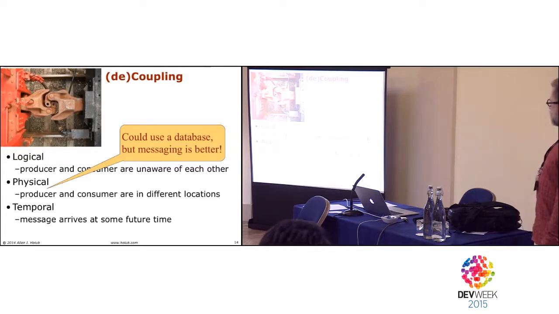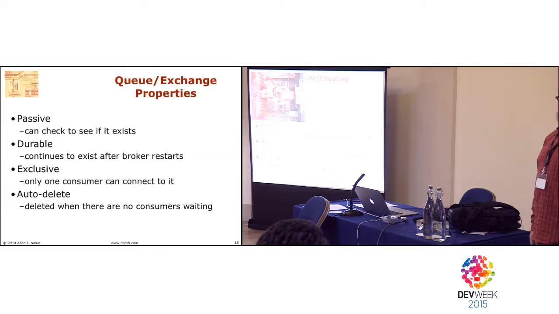Interestingly, you can also have temporal decoupling, in the sense that the message arrives at some time in the future. And sometimes you want to delay message transmission deliberately, for some reason. Temporal decoupling sometimes can be an annoyance, though, right? As you send the message and it takes a while to arrive at wherever it's going to arrive. That's not necessarily a good thing.